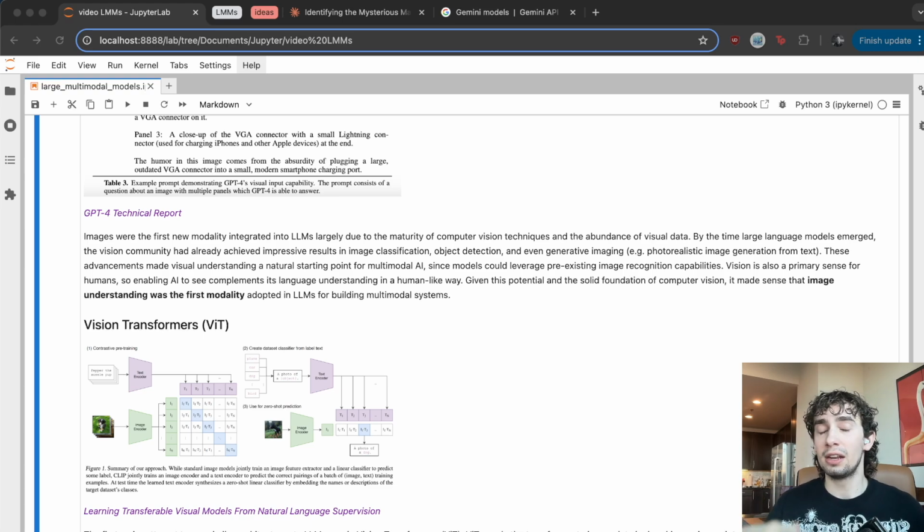On top of that, much of how we kind of operate as humans is through visual cues and signals. Obviously, our eyes are an important part of how we interact with the world around us, and so enabling language models and the kind of thought machine behind them to be able to see seemed like a very easy starting point, and that's exactly what we saw.